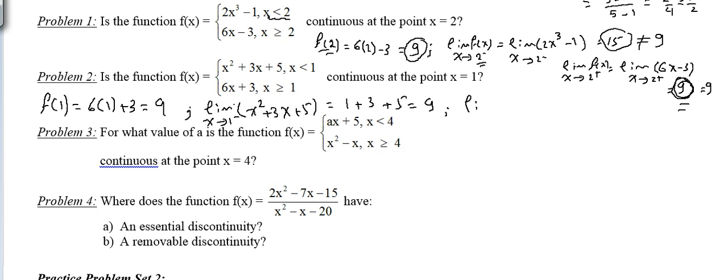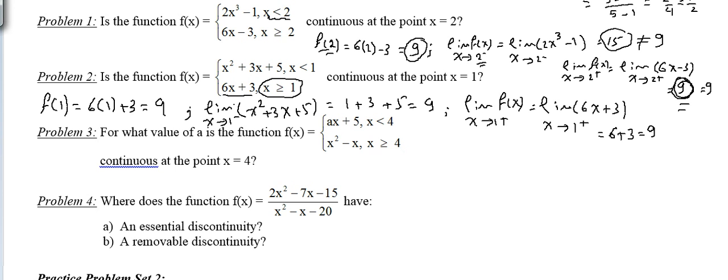The limit as x tends to 1 plus is the limit of 6x plus 3, where x is a bit more than 1, greater than 1. Substituting, 6 times 1 plus 3 is 9. So the limit from the right equals the limit from the left equals f of 1, all 9. Then it is continuous at x equals 1.